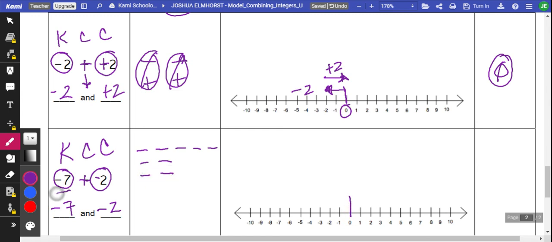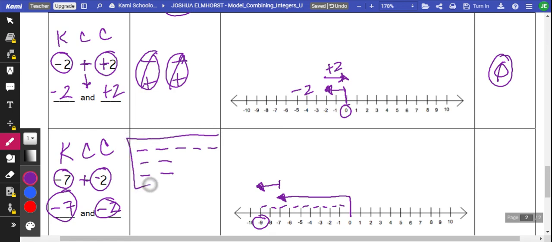Starting at the number line, we're going to go negative 7, and then we go negative 2 more. 1, 2. Okay, and then we're going to end up at negative 9.